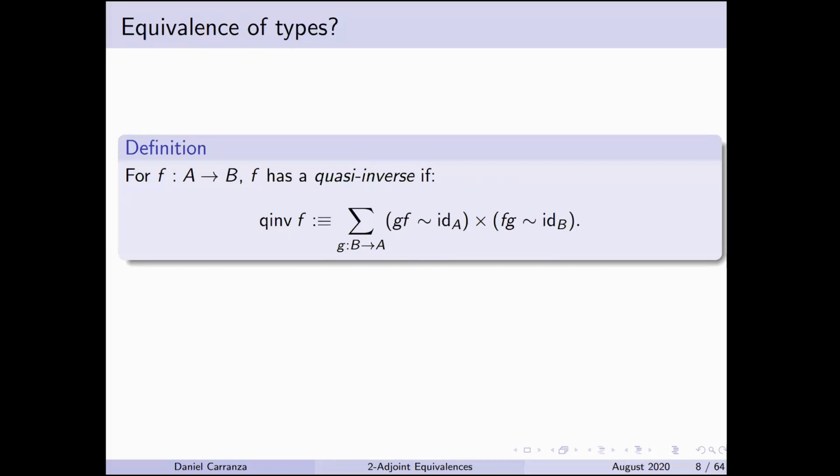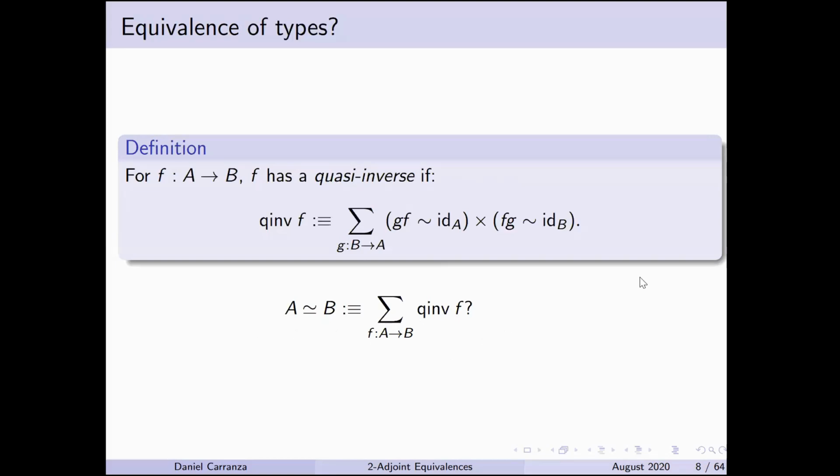If you had locked me in a room and told me, you can't come out until you tell me when two types are equivalent, I would call the cops. But if I couldn't call the cops, if you took away my cell phone, then I might sit there for maybe a day, a week, or a month, and I might have come up with this definition: two types are equivalent if there is an invertible map between them.